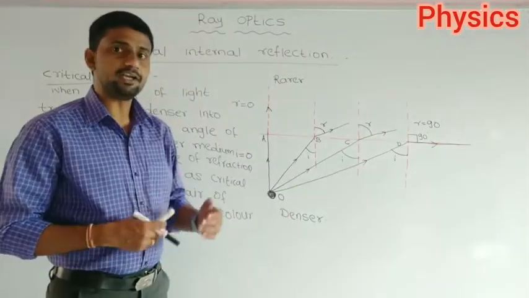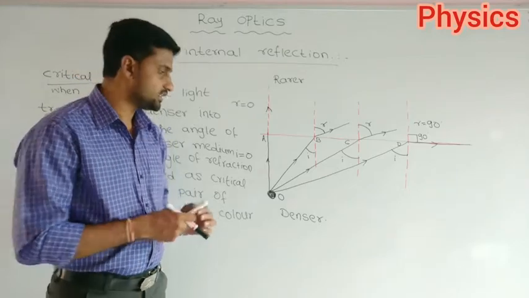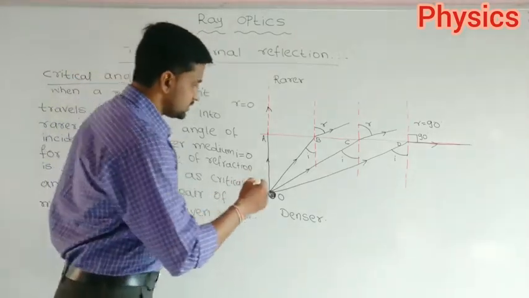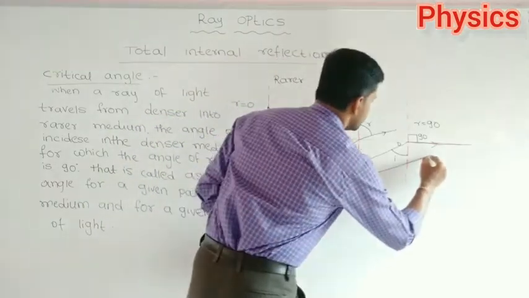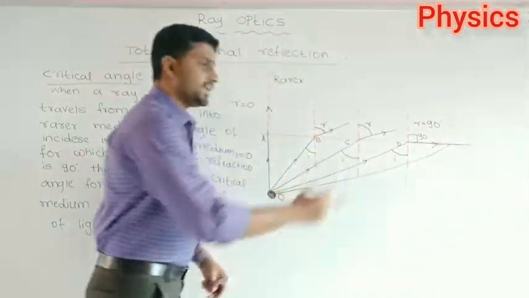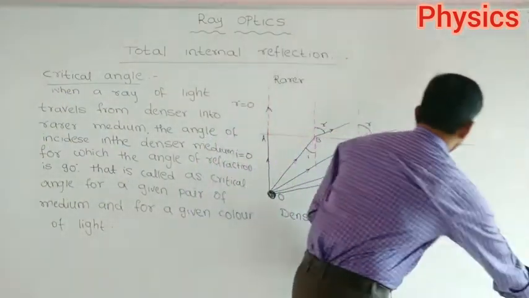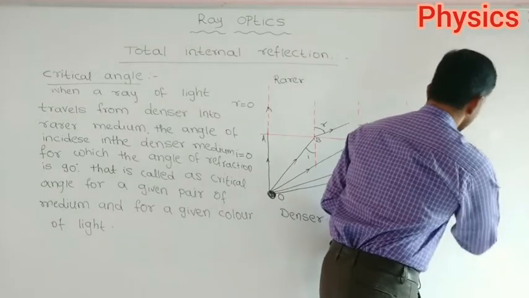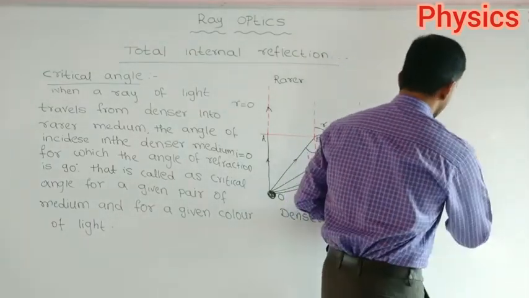Suppose again I increase the angle of incidence. That means now I am going to take another ray of light, and further increase the angle of incidence. Now I am taking the normal here.